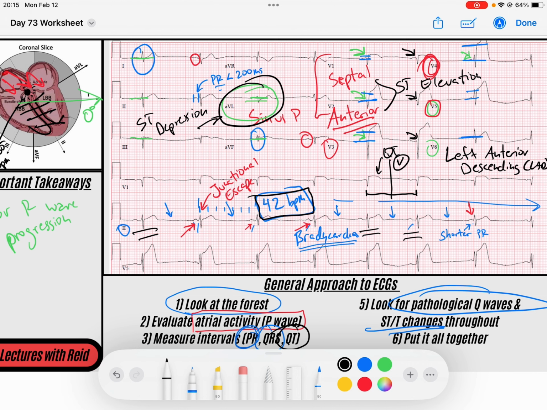So the LAD supplies probably half of the left ventricular myocardium. Like I said, some of the septum. And so, yeah, this would be a left anterior descending artery occlusion.